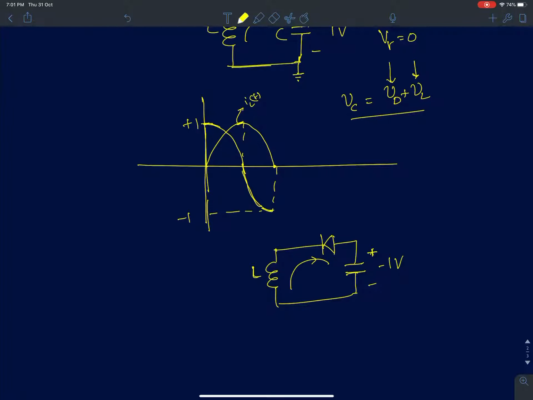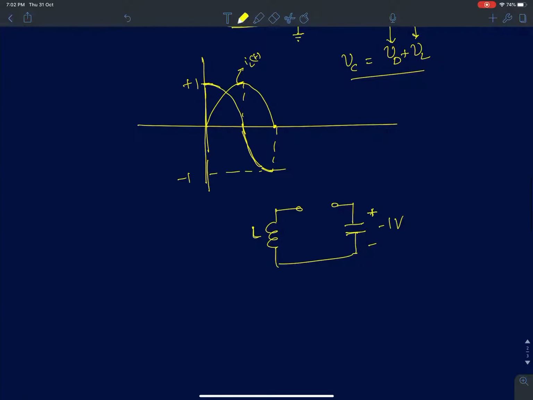So that's what was happening in a normal LC circuit without any diode in it. But now we know that a diode is a device which can only let current flow in one direction. It doesn't allow current to flow in the opposite direction. Therefore there will be no current transfer and the diode will just behave like an open circuit, and the voltage across the capacitor will stay there forever.